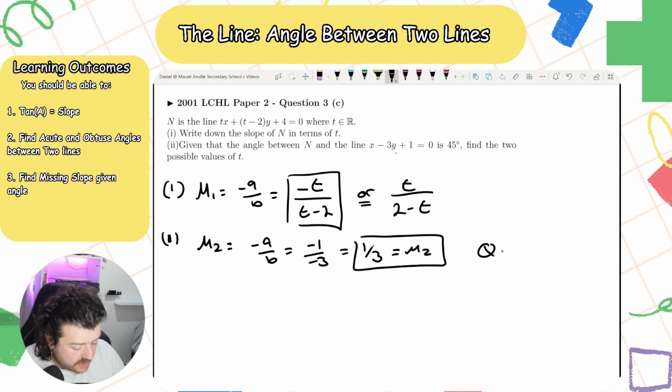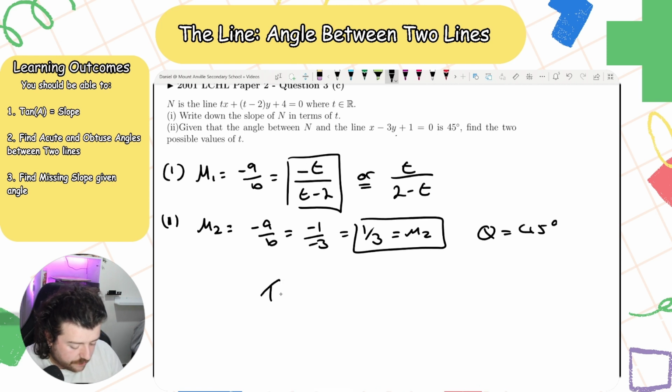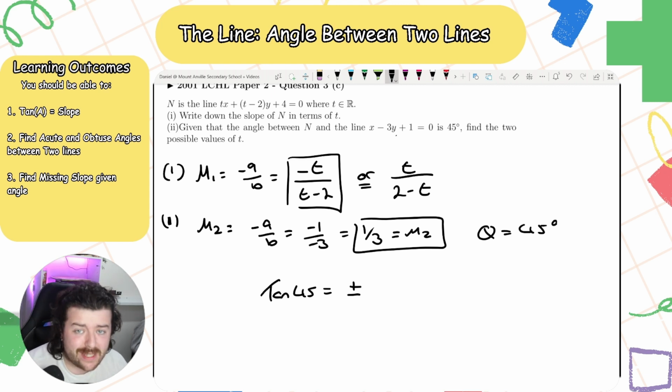I also know the angle between these two lines is 45 degrees. So tan 45 is going to be equal to plus or minus m1 minus m2 over 1 plus m1 m2. But what I notice here is, do I really want to introduce a fraction in a fraction?